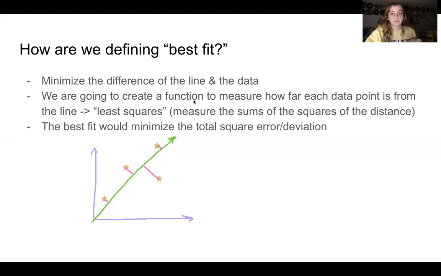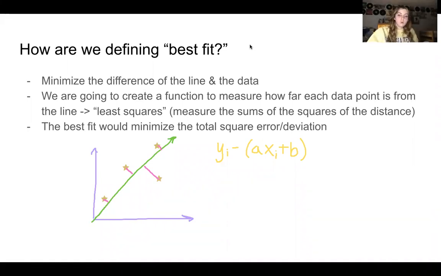So let's review the equations. First up we have this equation, which is saying y and x at any given point. It could be x1, y1, or xn, yn, but it's just one of them, so that's where xi comes in.